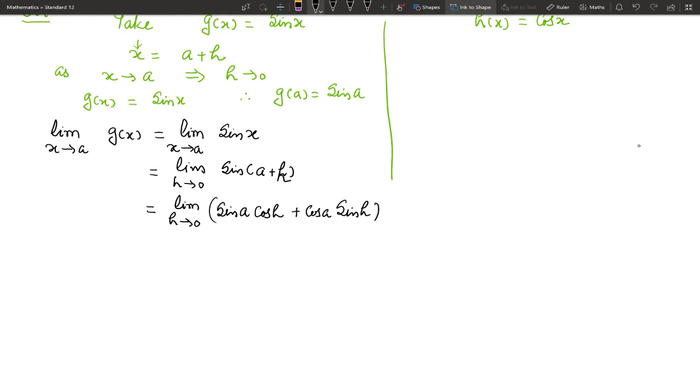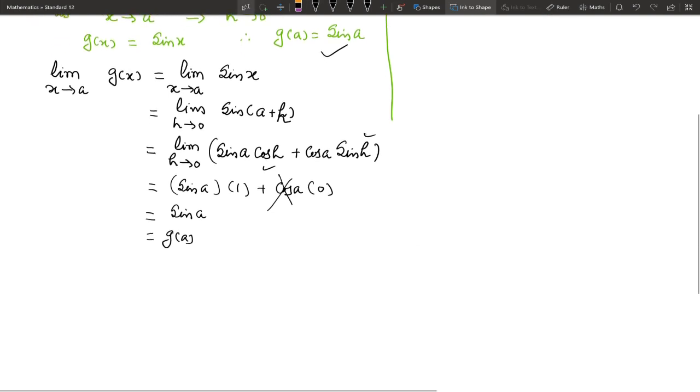Now h tends to 0, cos 0 is 1. So this is sin a into 1 plus cos a, put h equal to 0, sin 0 is 0. So 0 into cos a, that is 0. So this is sin a. Sin a is nothing but g of a, and a belongs to R, you note that.